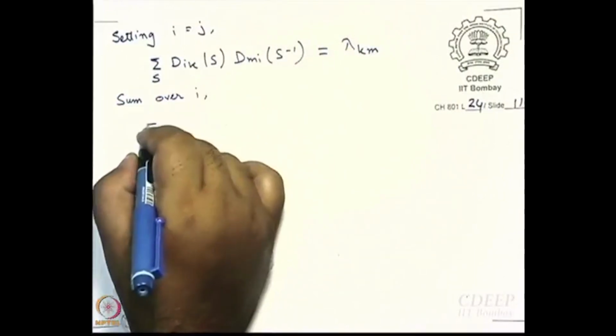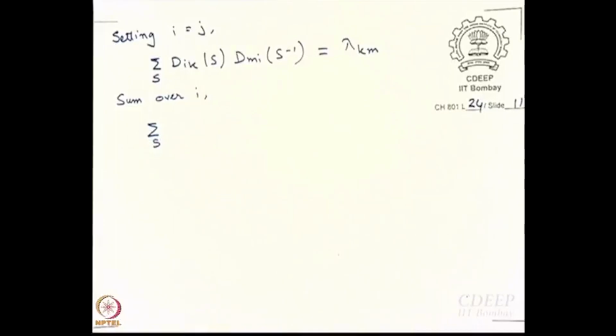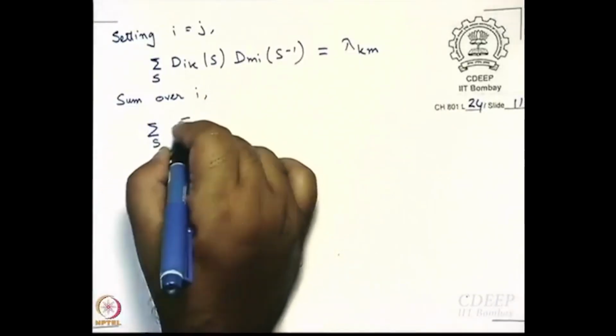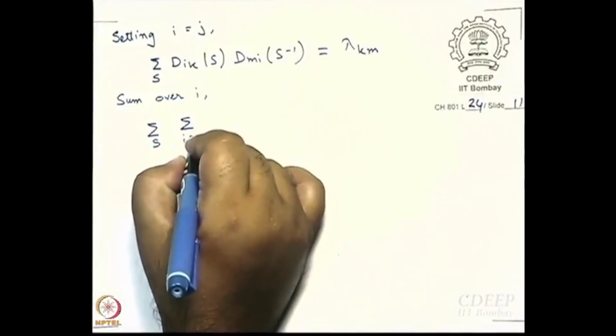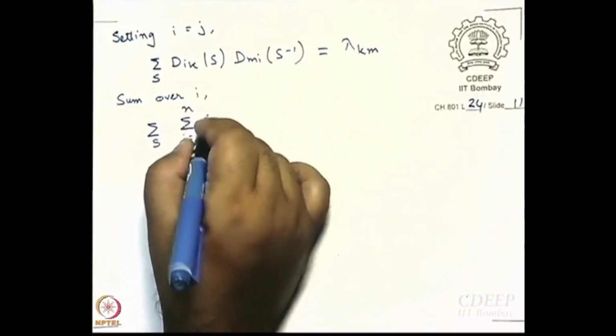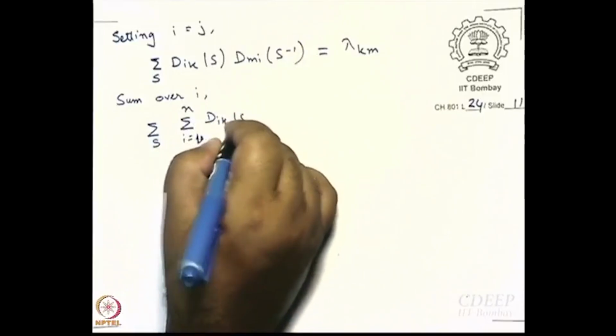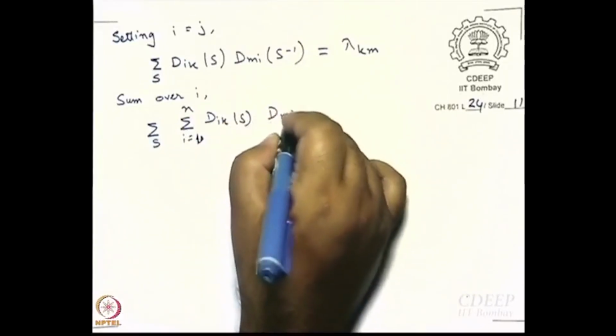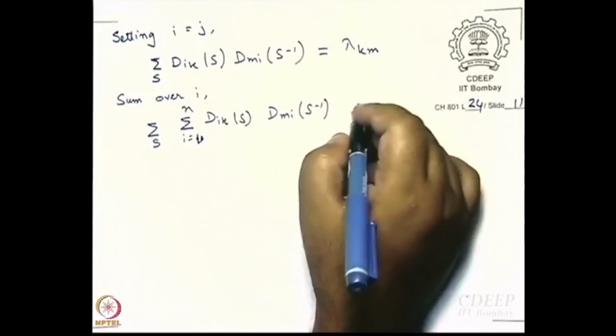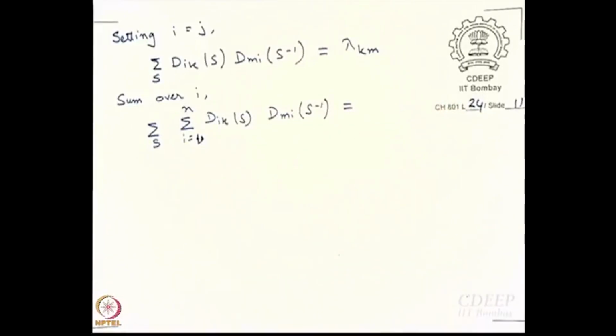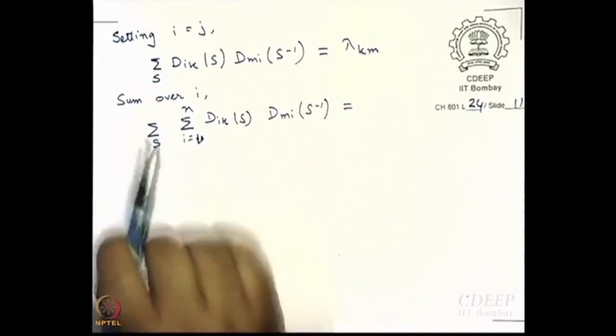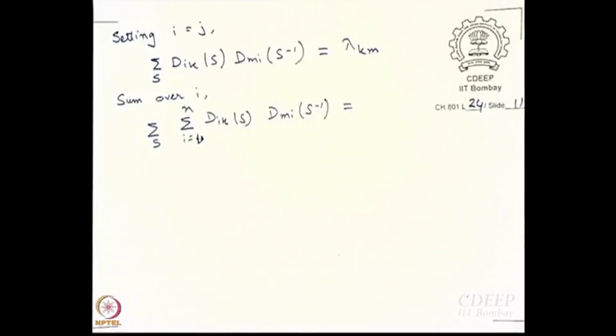What do you get? I hope you don't mind me writing sum over S outside, it's fine, right? They are interchangeable. Sum over i equal to 1 to n of d_ik(S) d_mi(S inverse) is equal to how much? See, this left hand side equal to lambda km is true for every value of i, isn't it?